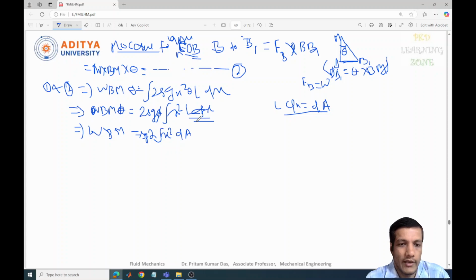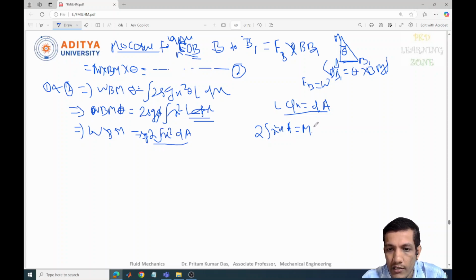Now this 2 into integration of x square dA is the second moment of inertia of the top view of the body at the water line with respect to the y axis.